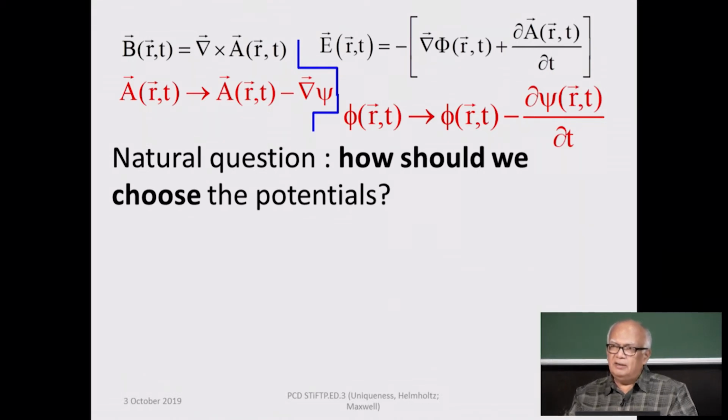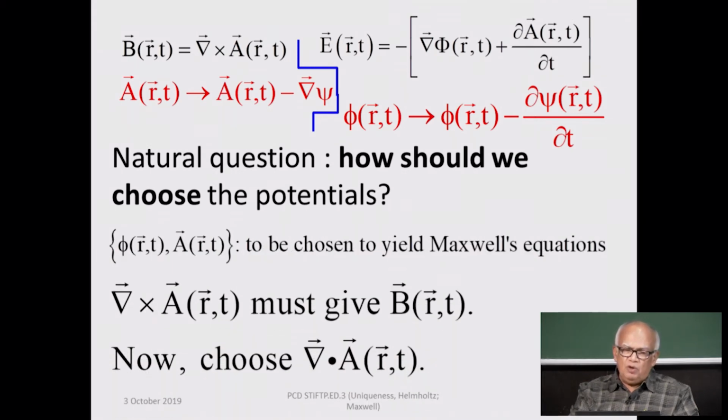Different gauges can be used. What criterion do you want to use? You will like to use such a gauge as would give you fields which are consistent with Maxwell's equations, okay, because we have put in a huge amount of effort, consolidated all the semi-empirical laws of Coulomb, Ampere, Faraday, Lenz, everything together in the one umbrella of Maxwell's equations. And we know that they are the ones which we should be using to study electromagnetic phenomena.